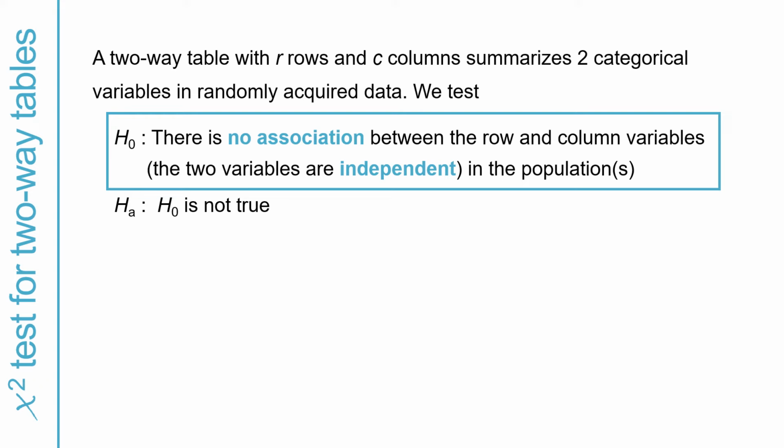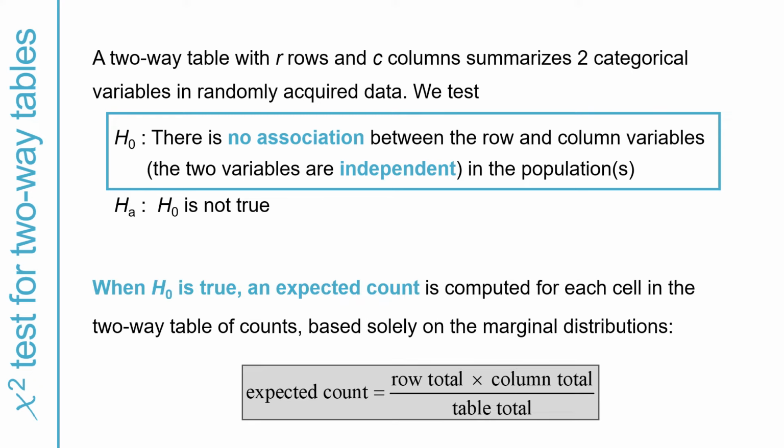So we need to find a way to compare the sample data to what we would expect if the null hypothesis was true. In this case, when the null hypothesis is true, we would expect each cell in the two-way table to be equal to the row total times the column total divided by the table total.